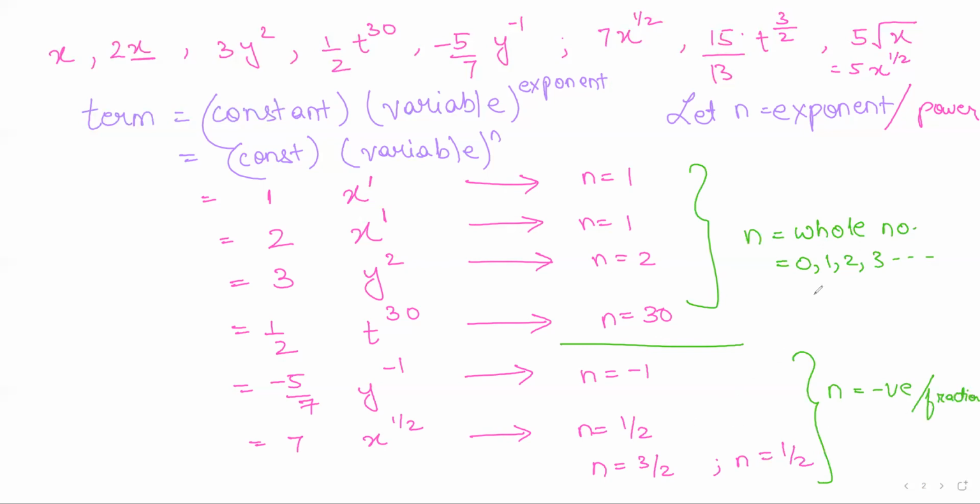So, if your n is holding a whole number value, irrespective of the values of your constant or the variable, that will be a term of a polynomial. So these are terms of a polynomial, or in some situations they may also be equal to polynomials.